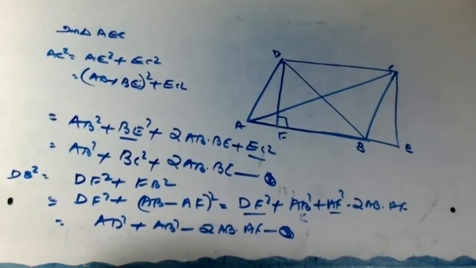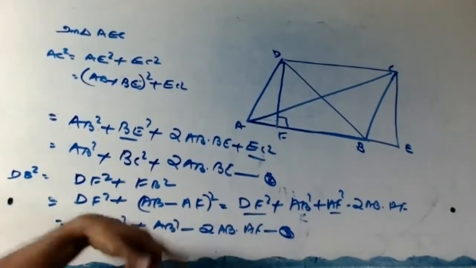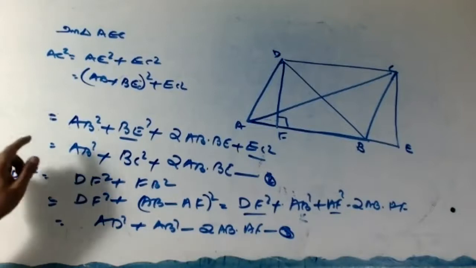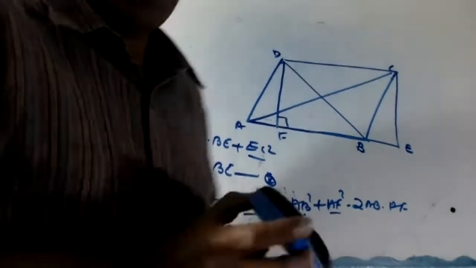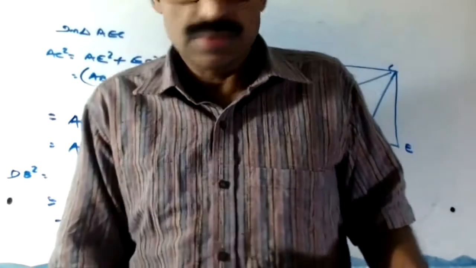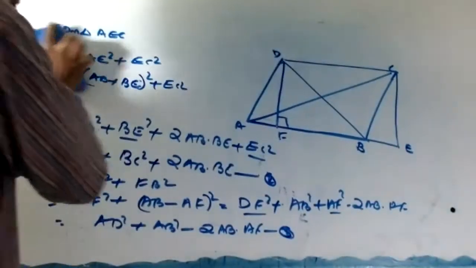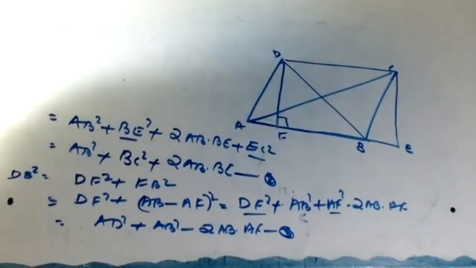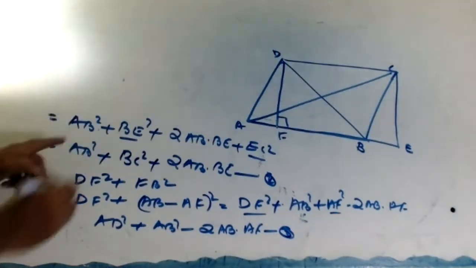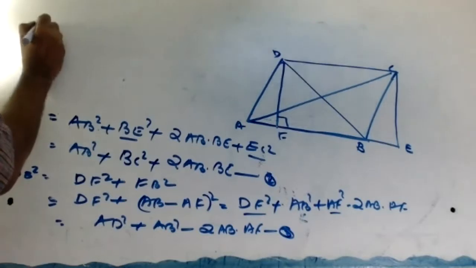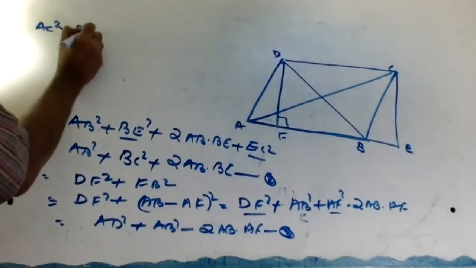Okay, so finish. Okay, now listen here. Look at here. Adding 2 and 3. We get AC square plus BD square.